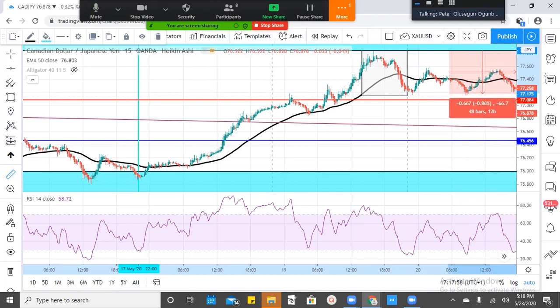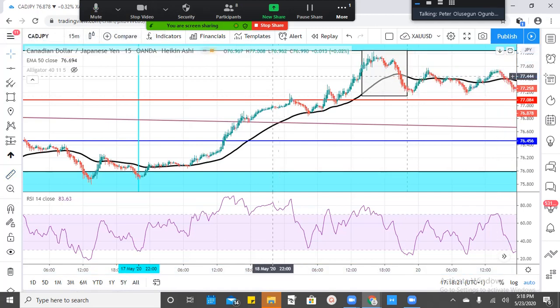So I divide that 69 or 70 by 2, it gives me 35. I add 350 to that to get my first entry point, and that gives me about 77,500.